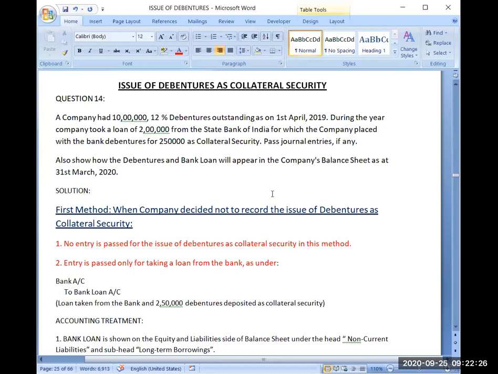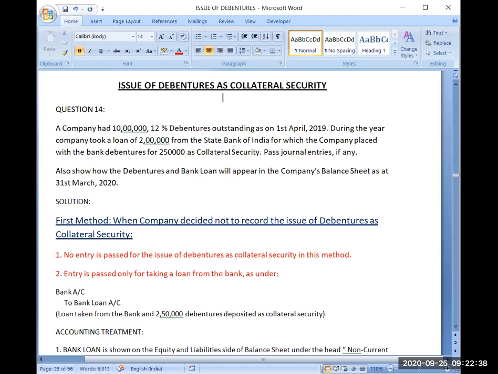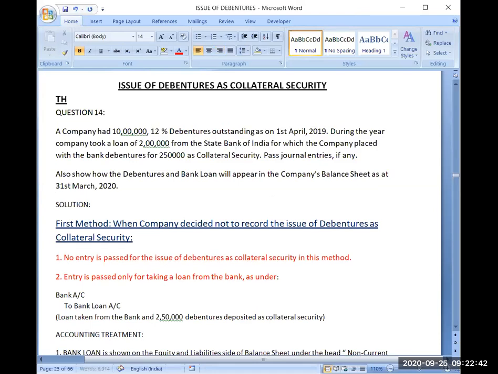See, whenever we take loan, we are supposed to furnish some security. The security furnished in the beginning is called principal security.